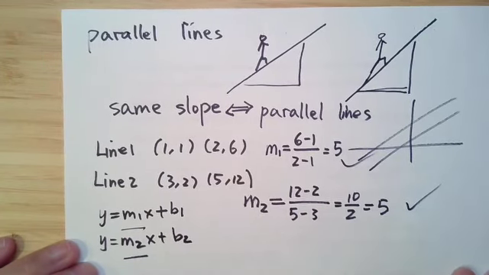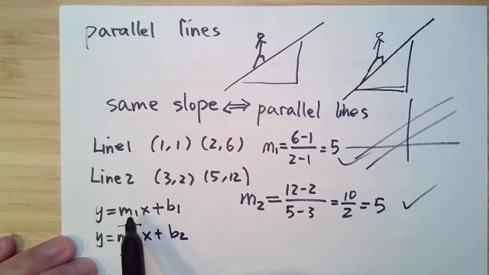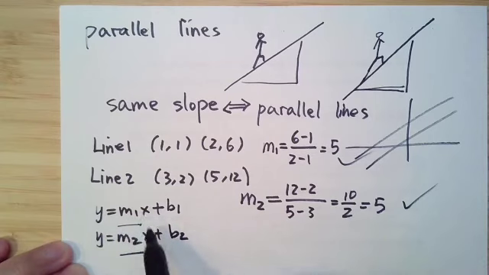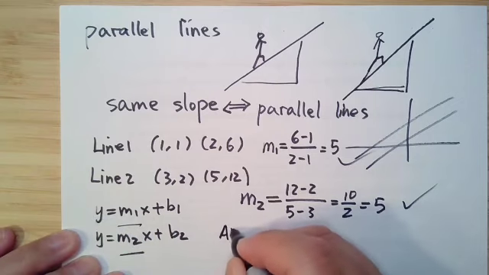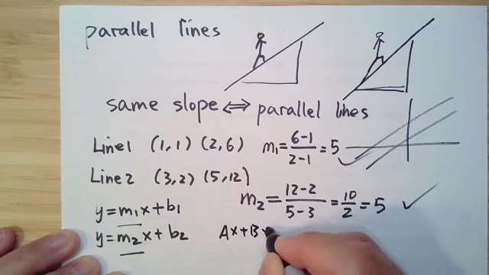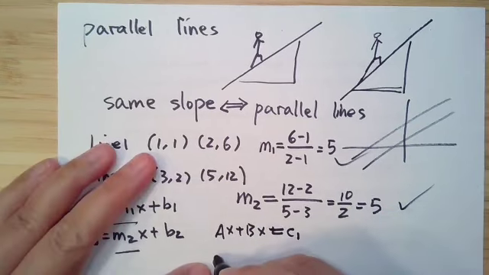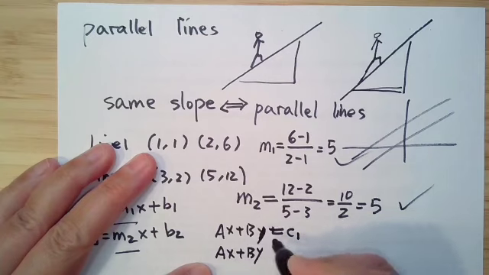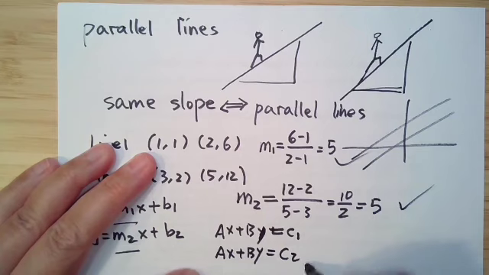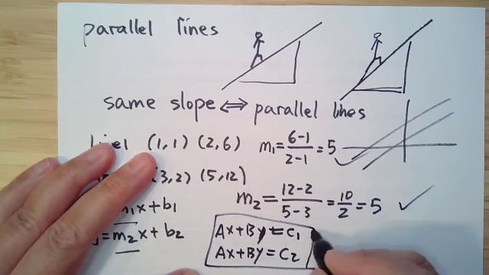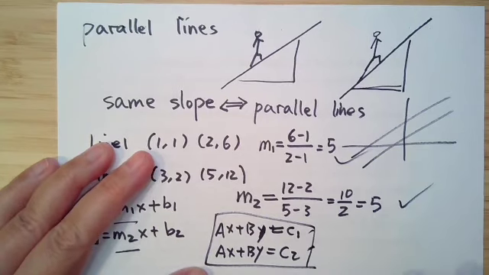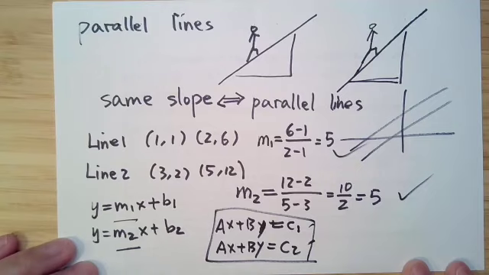At the same time, if you rewrite that into the standard form, one should have ax plus by equals c1, and the other one should have ax plus by equals c2. They only have different constant terms, and these two lines are parallel to each other. So that's a little bit more about the parallel lines.